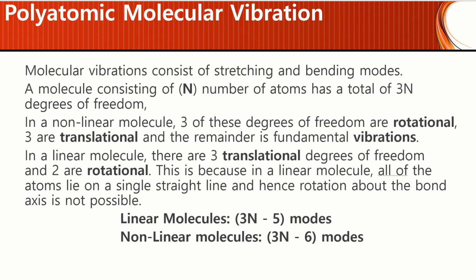5 is subtracted for linear molecules because 3 represents translational degrees of freedom and 2 rotational. So what we're saying is that the rest must be vibrational, right? For a nonlinear molecule, 3 are rotational and 3 are translational, and that is 6, right?